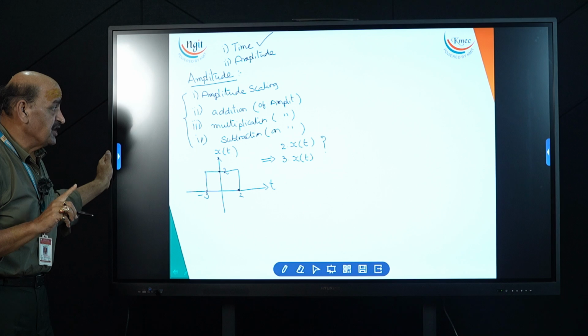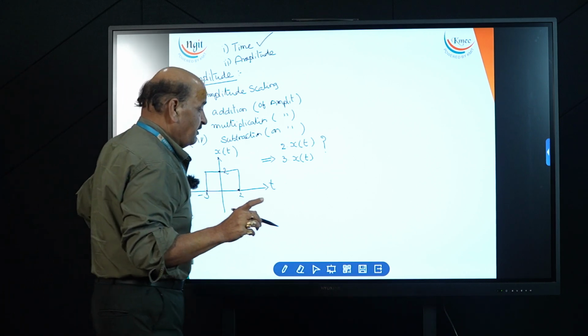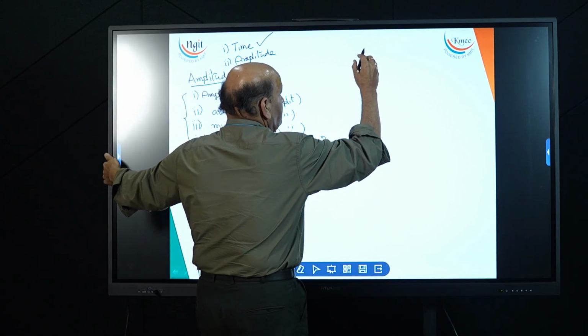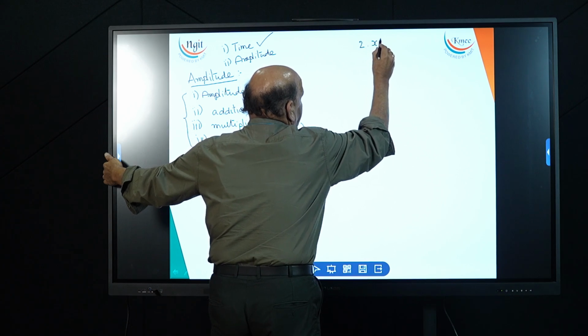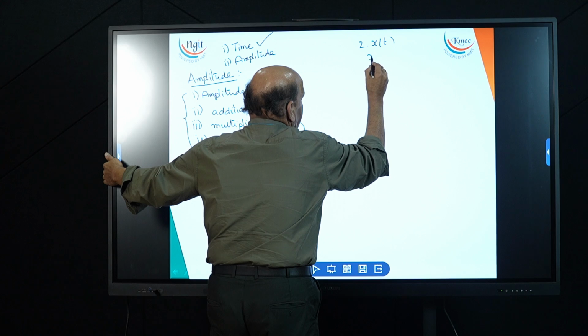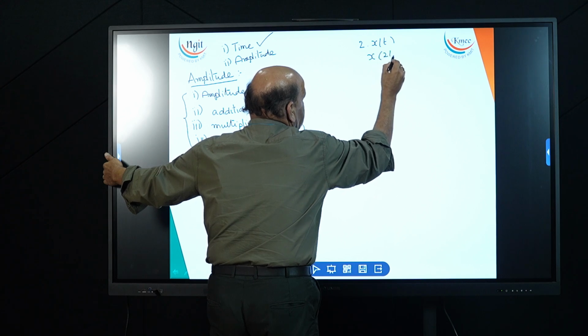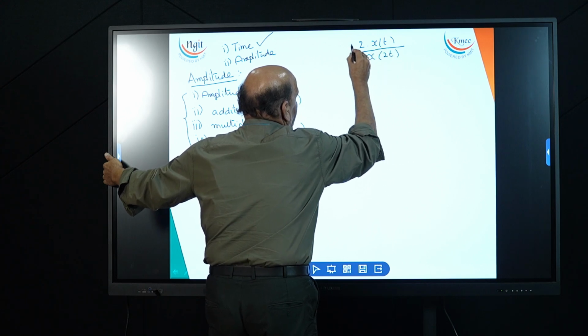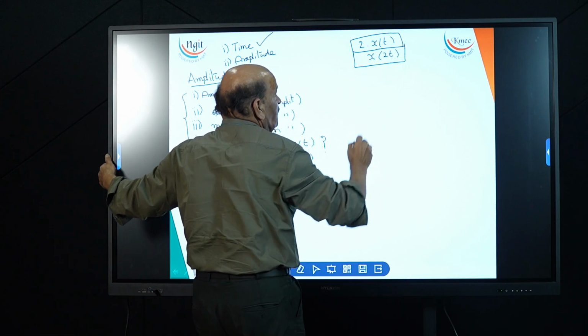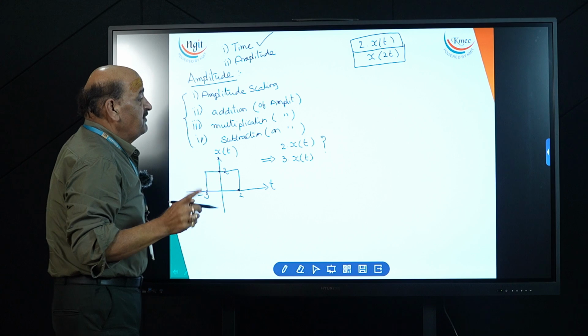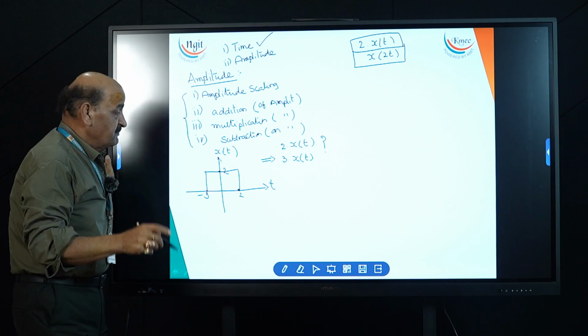Students have to differentiate between them. Most of the students get confused here. 2 times x of t is different, x of 2t is different. I will tell you the difference once this concept is over.